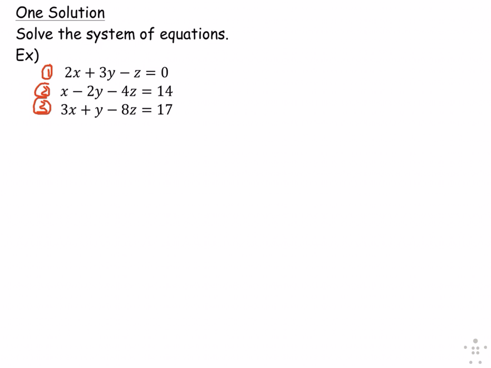So I'm going to take the first two equations and I'm going to eliminate the y variable. So I need to make a pair of additive inverses between these two. So then that means I need to multiply the first equation by 2, and then I'll need to multiply the second equation by 3.